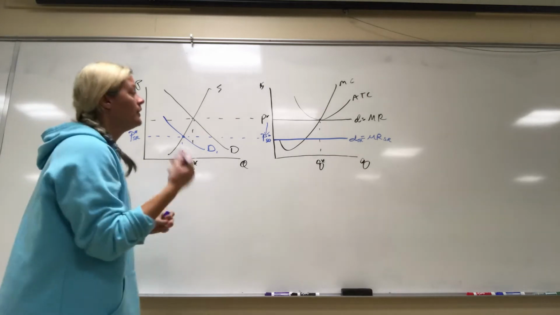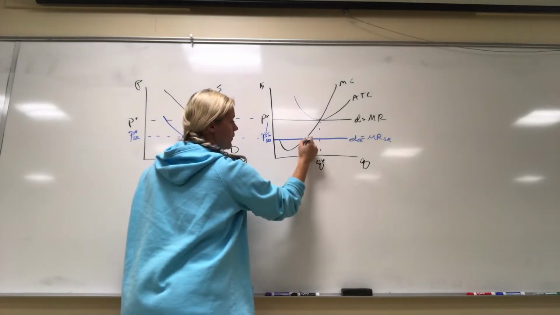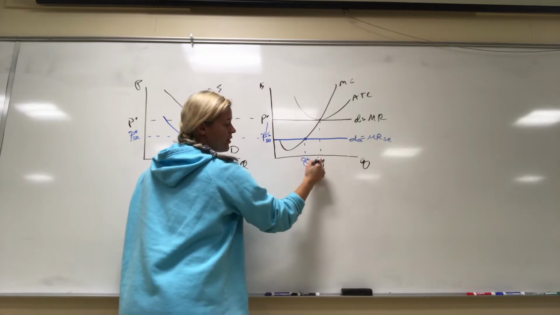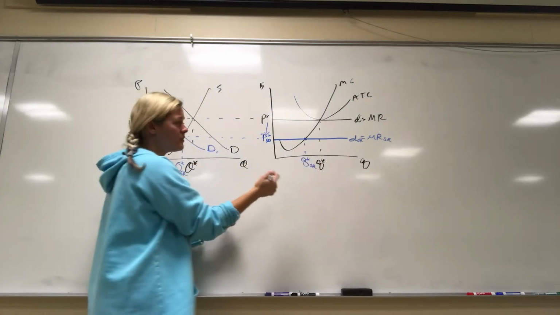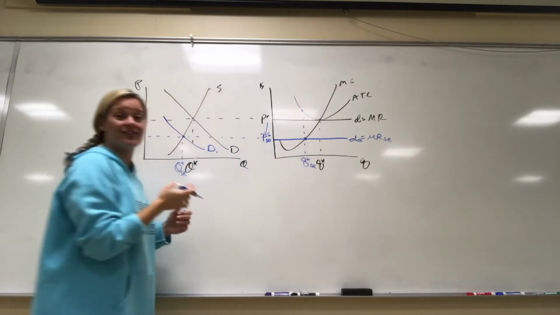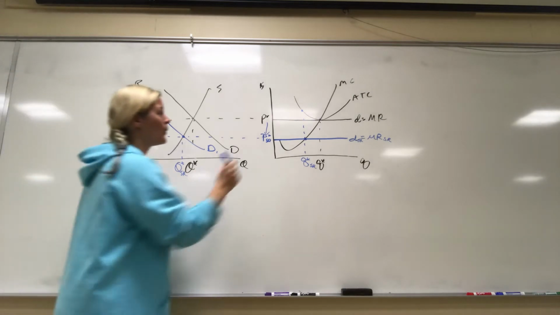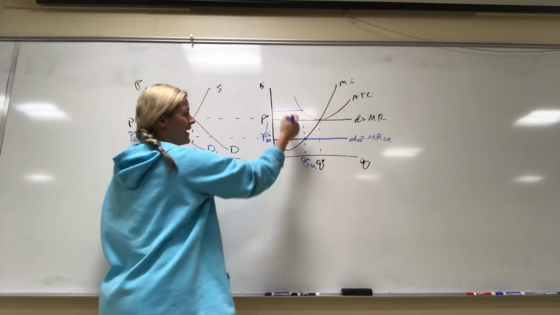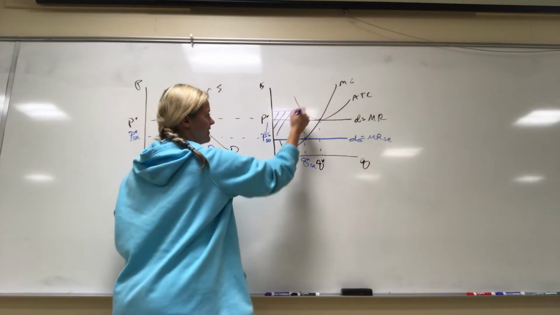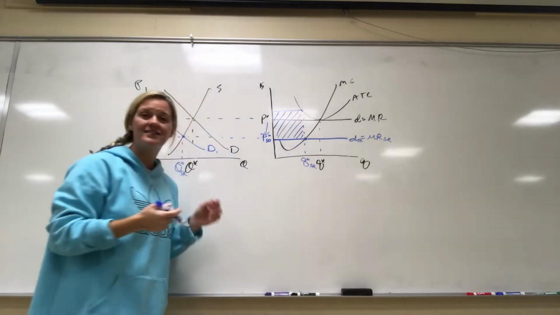Okay, so in this case, marginal revenue equals marginal cost at this point. So here's our little q star in the short run, and notice that average total cost is definitely greater than price here. So this area right here, that is the loss.